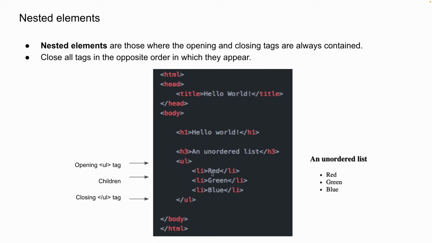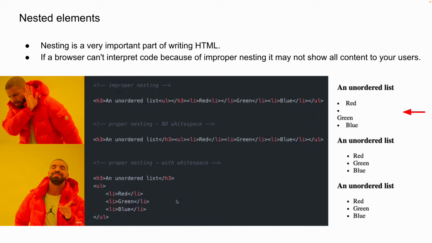I close all of my list element tags before I close the unordered list tag that nests those tags. So nesting is super important, and if you don't use proper white space to format your text, it makes it really hard to see visibly when you might have a nesting issue.